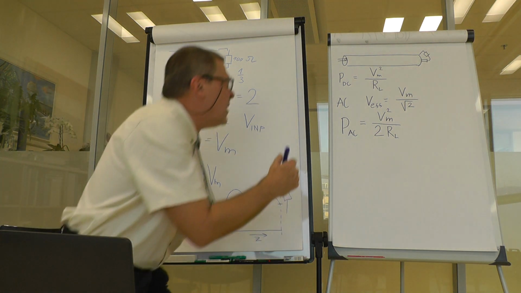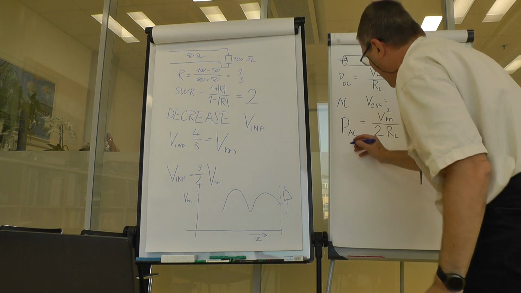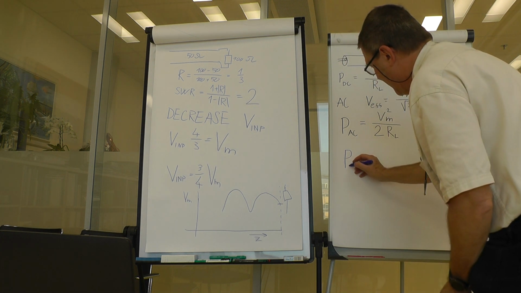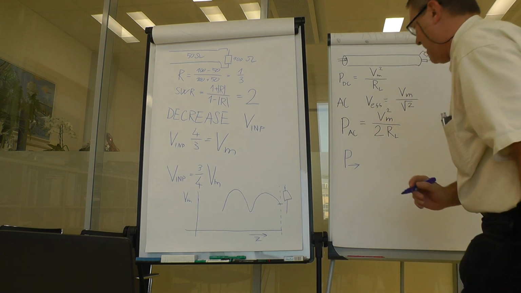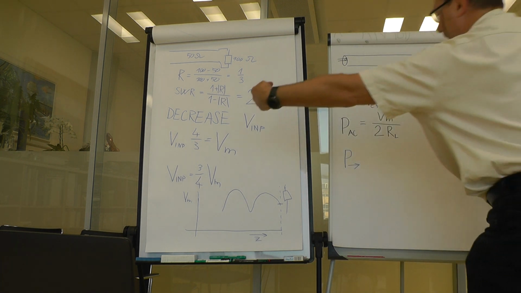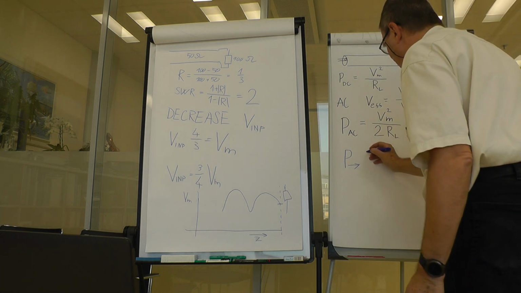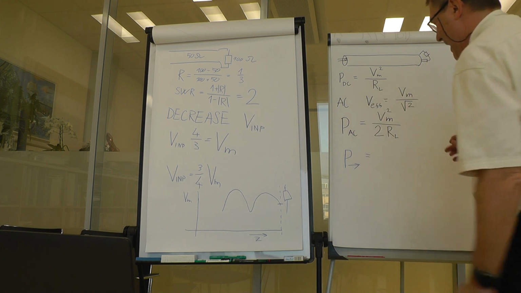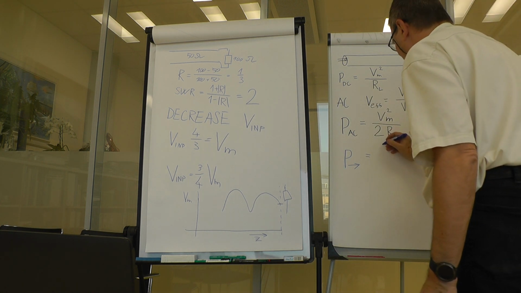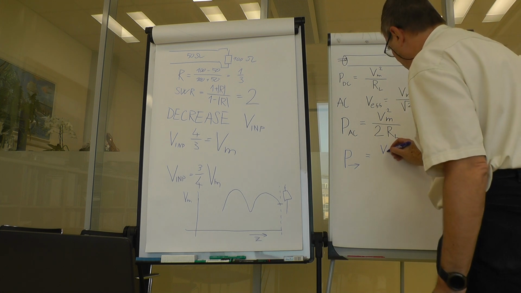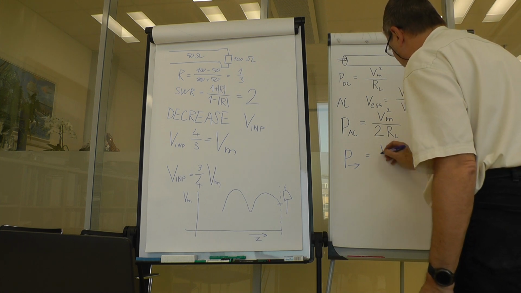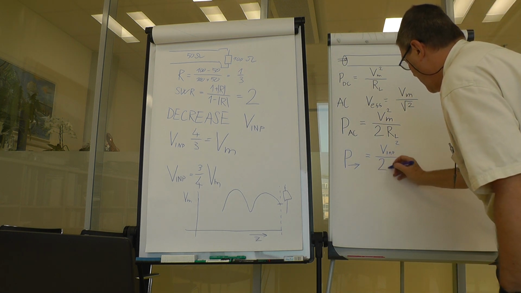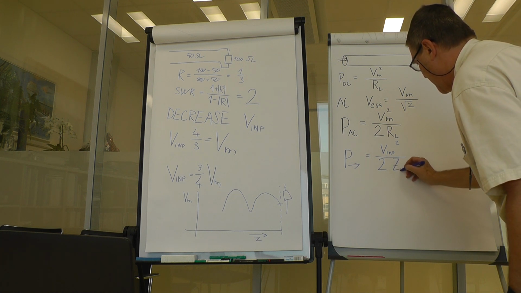So first the power going there, and I would just mark it by an arrow, power going into the cable, lossless cable, would be smaller than that one in just the pure DC case, and that would be the input voltage squared, divided by, of course, 2 impedances of the cable.